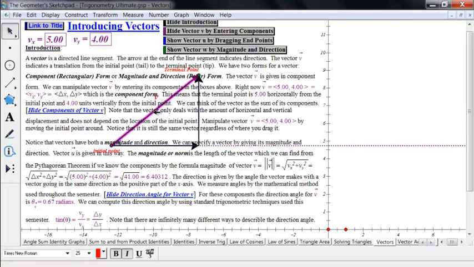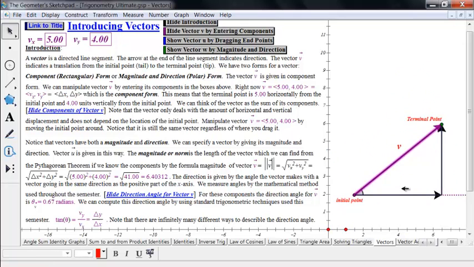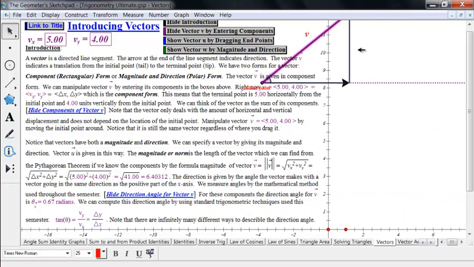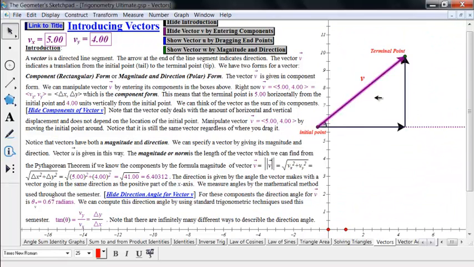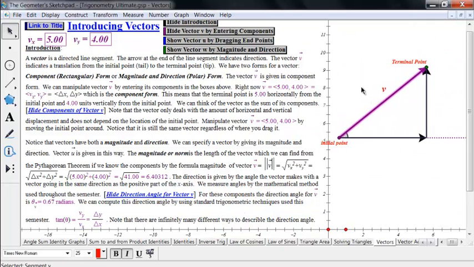It can start anywhere. What you're saying is this vector is the vector that starts at this point and goes to the right 5 and up 4, regardless of where we put it. So it's the same vector. I've not changed the vector when I moved it around. So a vector is completely independent of where it is here. It's a matter of how far we go right or left and how far we go up and down. That's thinking of it as component form.